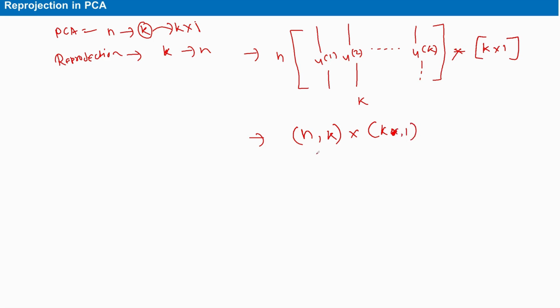When we do this matrix multiplication, we get an n by 1 matrix again. This matrix is the approximation of the original n by 1, and it is denoted as x approx, because it does not have the exact values but is an approximation of the original one. This is how we can reproject inside PCA. I hope you understand this.